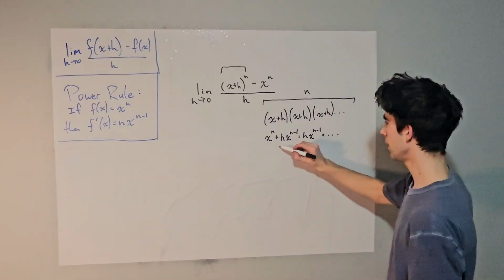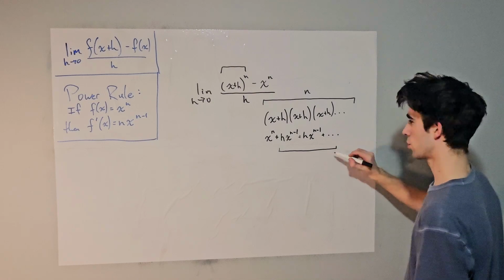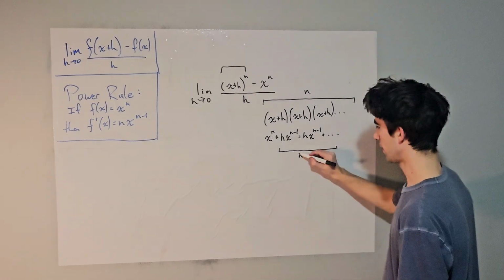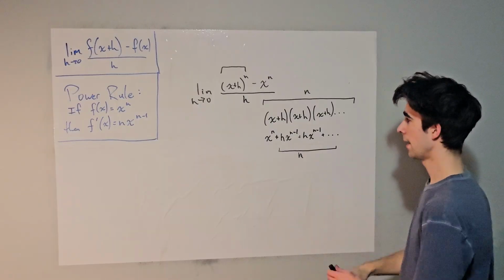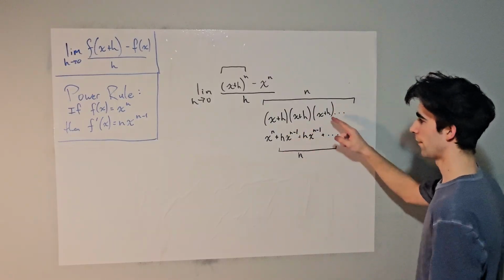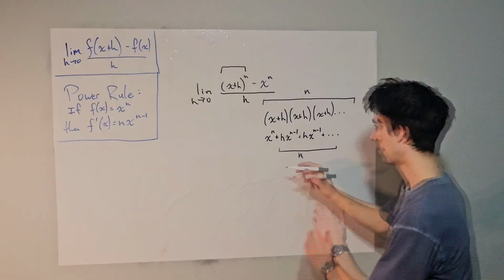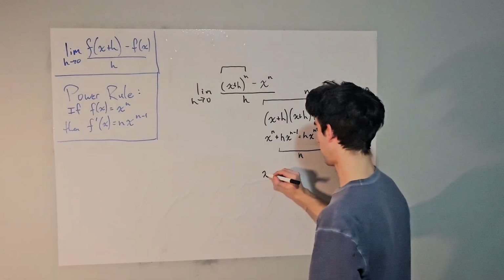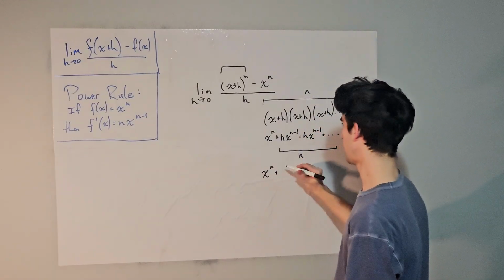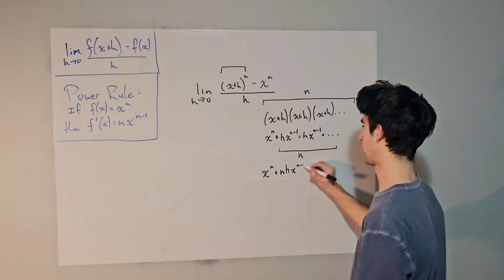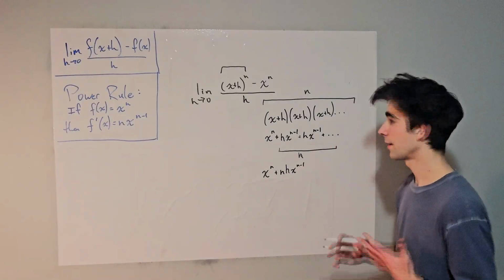So, putting these together, there should be n of them, because there should be n instances of us taking one h and multiplying it by the rest of the x's. Okay, so putting this all together, we have x to the n plus n h times x to the n minus 1. And then after that, it gets crazy.